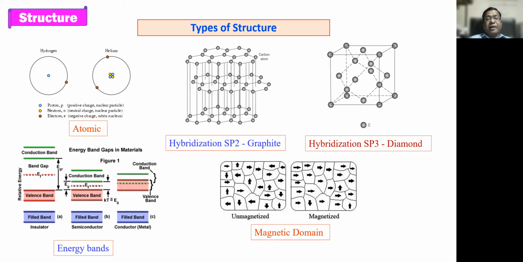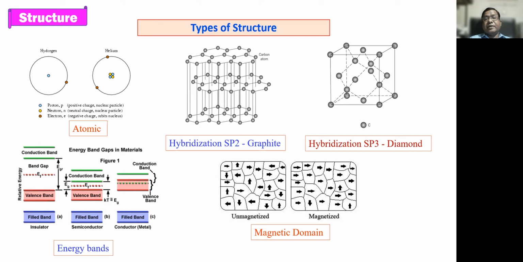So conductors will have an overlapping valence band, the outermost band energy level, and conduction band. If external excitation is provided in terms of heat or electricity, there will be a start of flow of electrons, conducting heat and electricity.